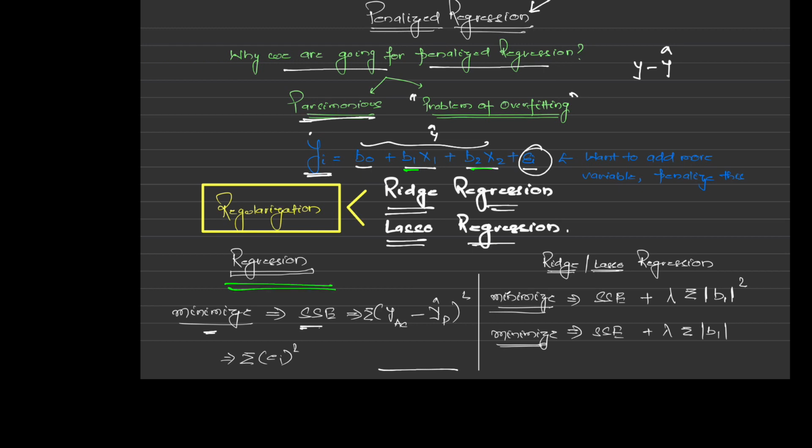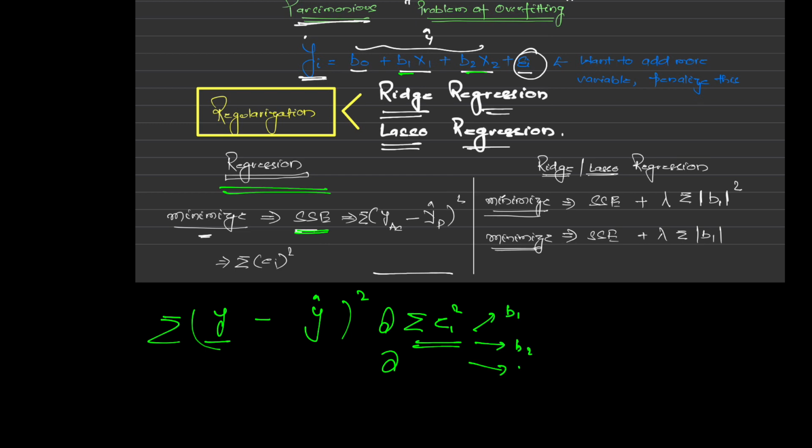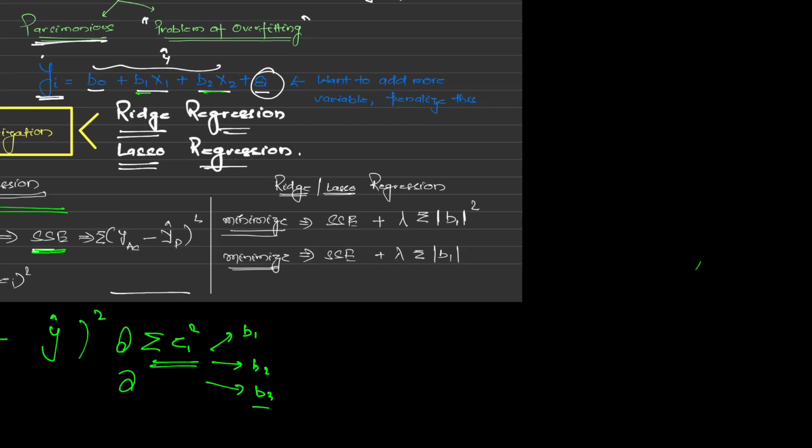So we'll start by recapping the concept of regression. In regression, we were trying to minimize the sum of squared error. We had our y, which is the actual y, and we predicted y hat, and we were trying to minimize the sum of squared error. When we differentiate, we find the b1, b2, b3, correct? Now in ridge regression or lasso regression, we are again minimizing the sum of squared error.